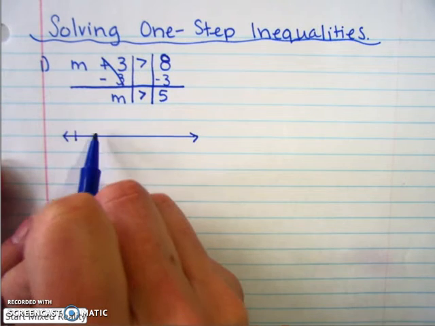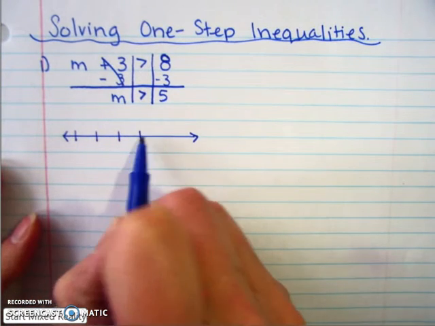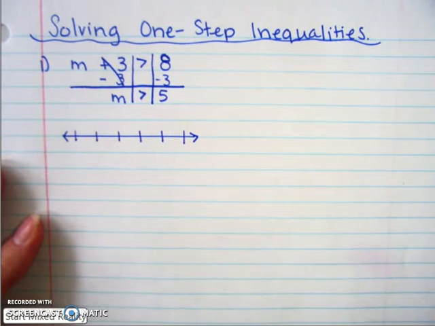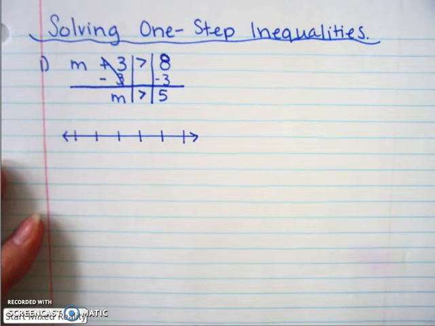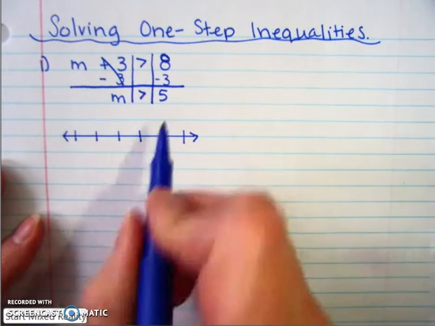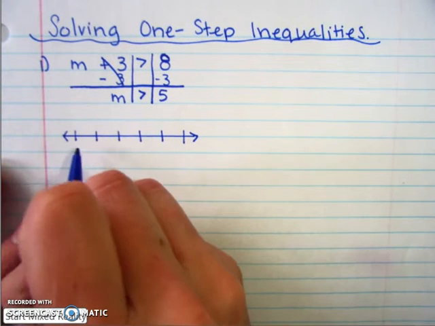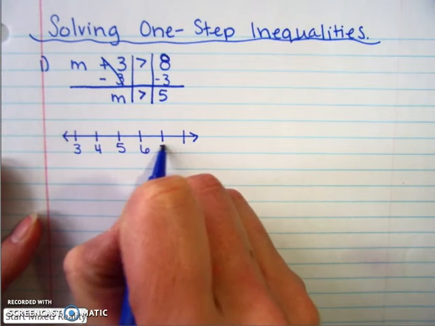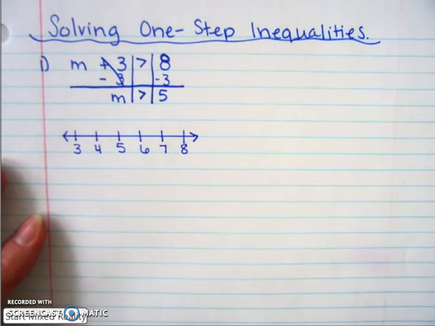So my recommendation is to have 5 to 7 intervals there to kind of look at. So I'm going to mark these as 3, 4, 5, 6, 7, and 8.